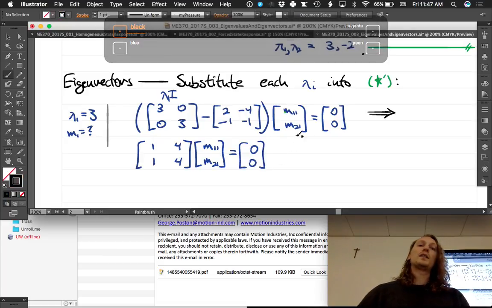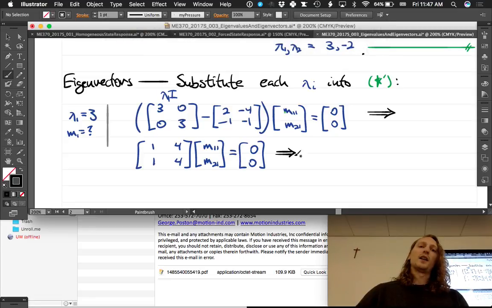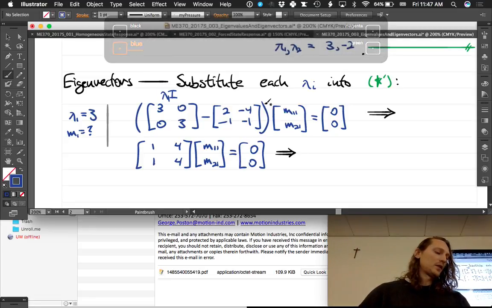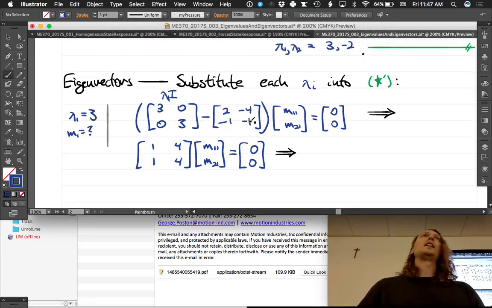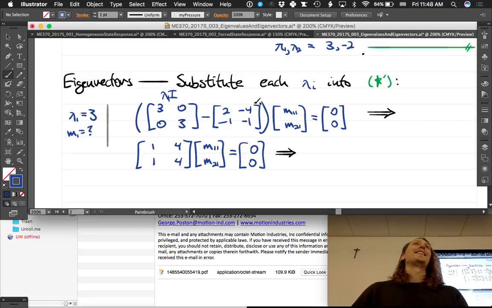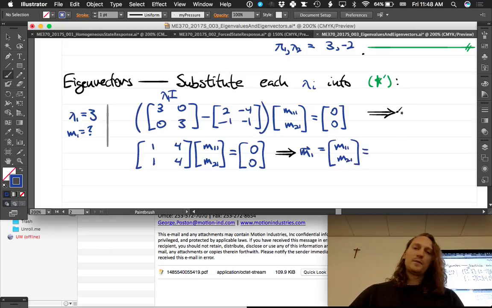This is always the case with eigenvectors. There's always an infinite number of solutions. But that doesn't mean that you can write down any solution. Okay? They're a specific infinite number of them. So M1 equals M11, M21, and we need to populate it.